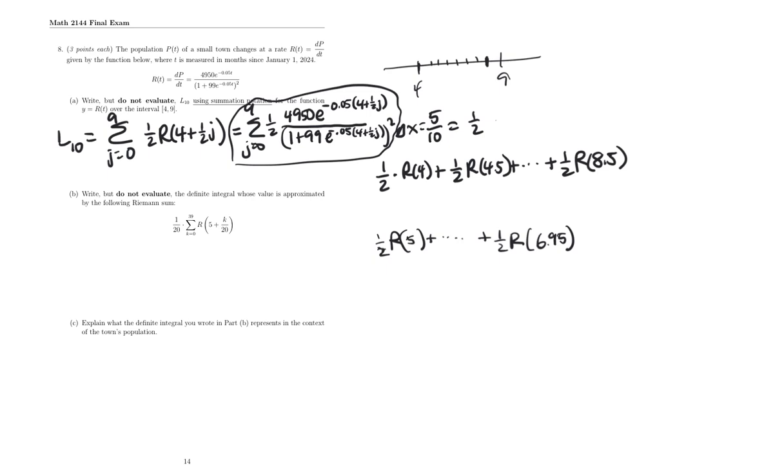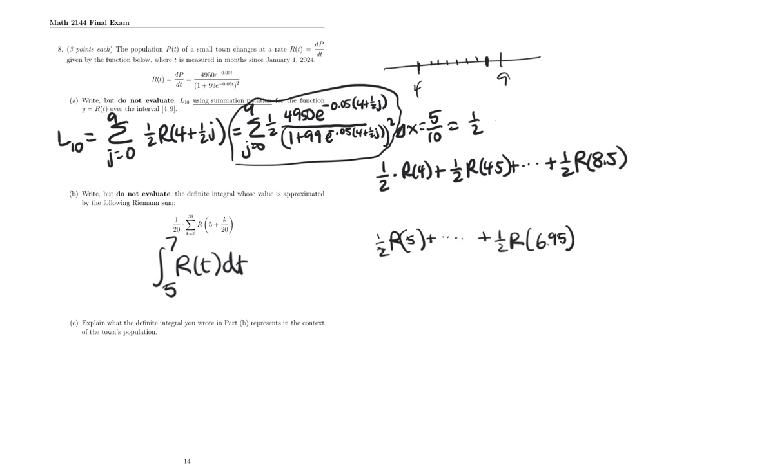So this looks like an integral from 5 to 7 of r of t dt. So I'm starting at 5 and going to 7.